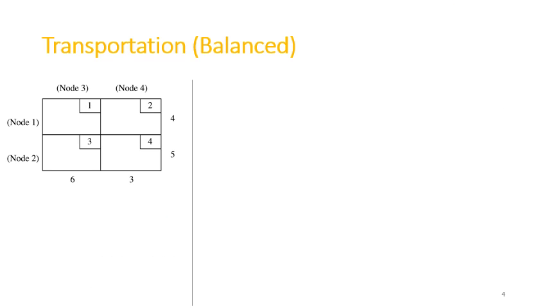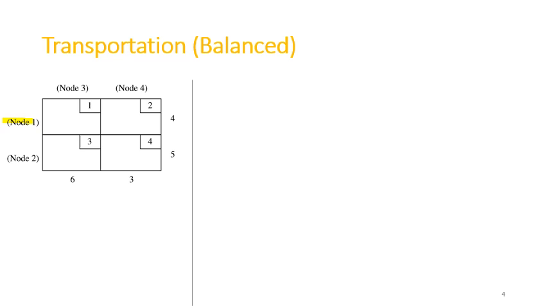Okay, so now we're going to model a transportation problem. It's a balanced transportation problem. If it's not balanced yet, you have to make it balanced, right? We're going to model it as a minimum cost network flow problem. This is a typical table that you see in the transportation problem.